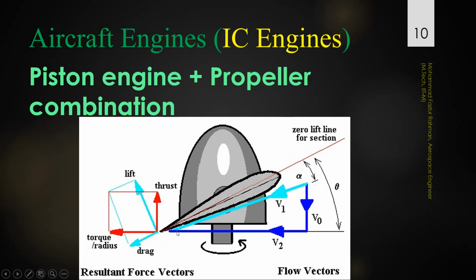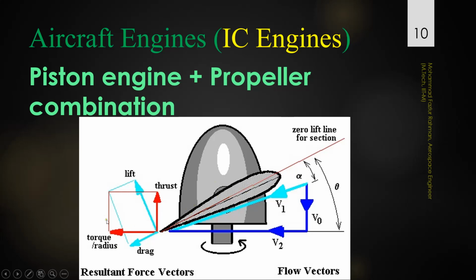So the actual velocity it sees, the relative air velocity, is V1, which is the combination of V0 and V2. And this is an aerodynamic shape, so it produces lift and drag, and these two forces are in the direction perpendicular to the axis and along the chord line.